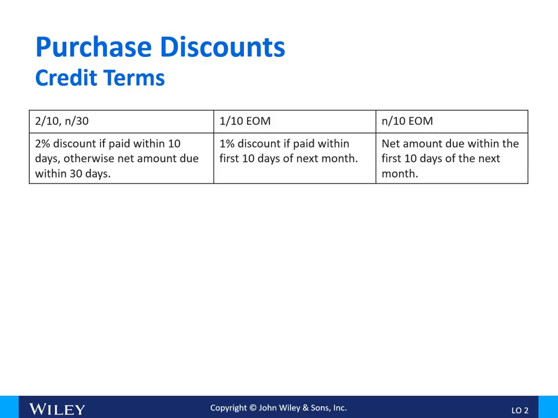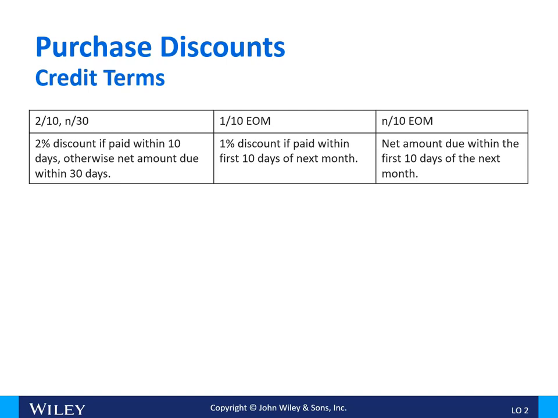Another example could be 1/10 EOM, so it's 1/10 end of month: a 1% discount if paid within the first 10 days of the next month. And then the other example is n/10 EOM, so net 10 end of month: the net amount is due within the first 10 days of the next month.